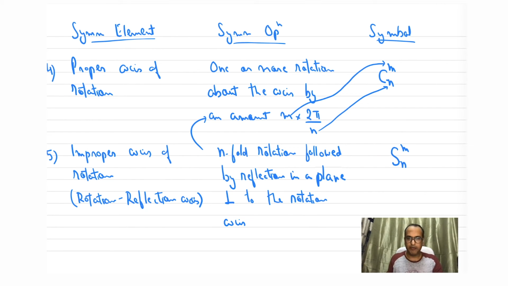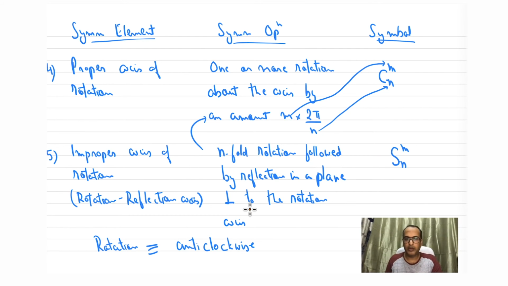And again, whenever I am doing any rotation, all the rotations in this class will be anti-clockwise. It really does not matter, but you have to follow one convention throughout so that you do not make mistakes.